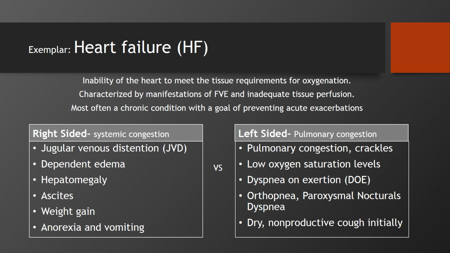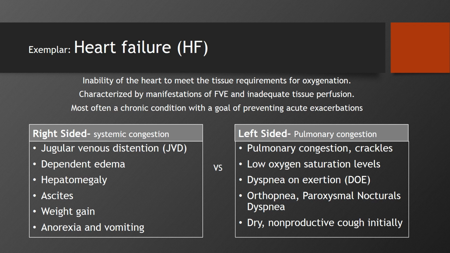Well, that right atrium is going to try to empty the next load of blood into the right ventricle. It's not going to be able to effectively empty. So it's going to end up with a sort of backup or congestion into the systemic vessels.